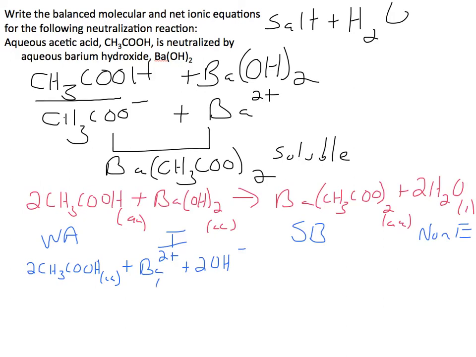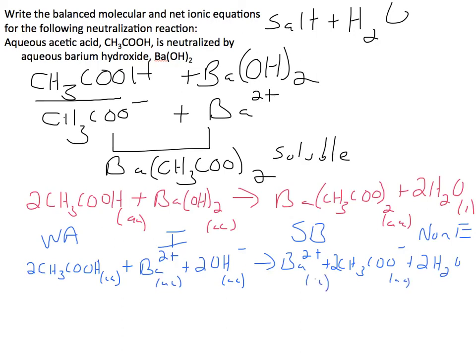Both of those are aqueous. We then have the strong base, barium acetate, which is going to ionize as well. So we end up with Ba2 plus and CH3COO minus, and we have 2 of those, plus we have 2 H2Os, which will not ionize.